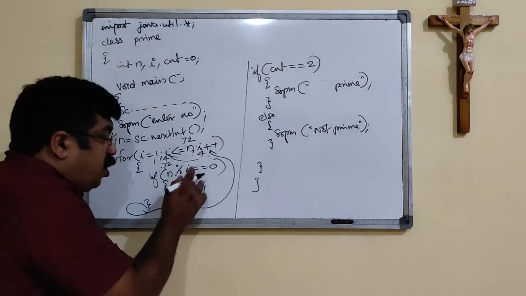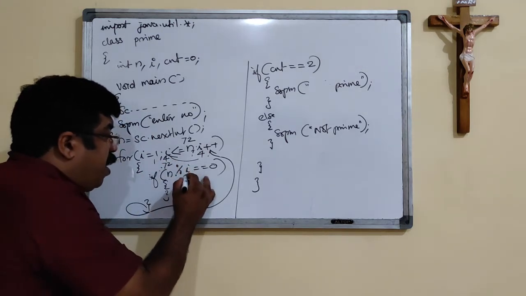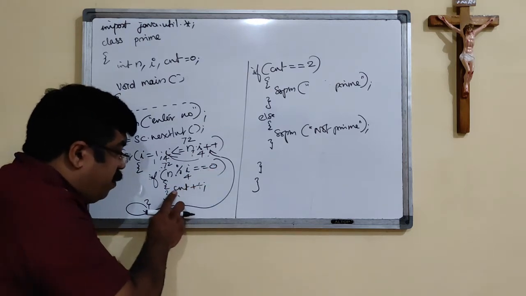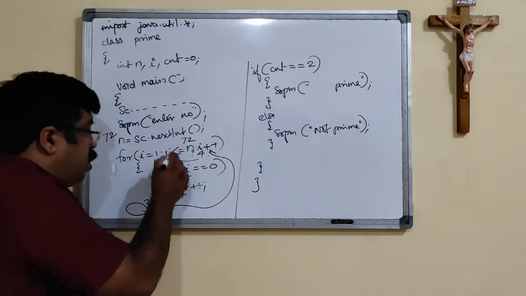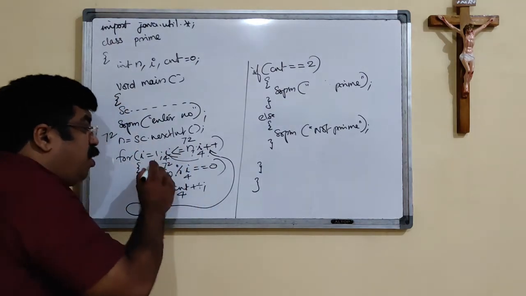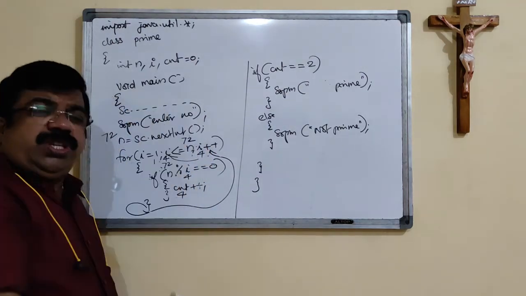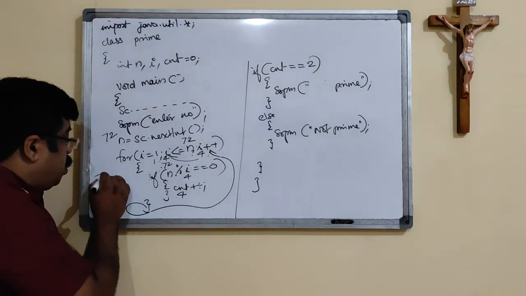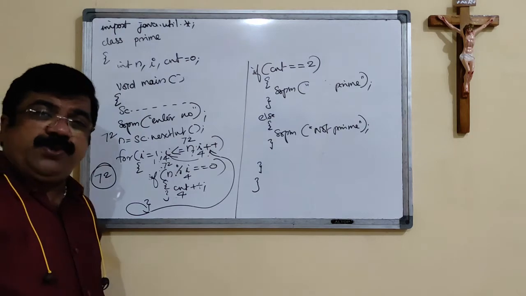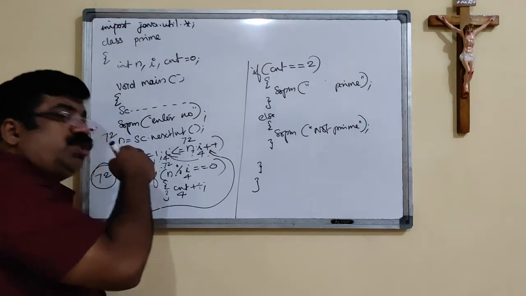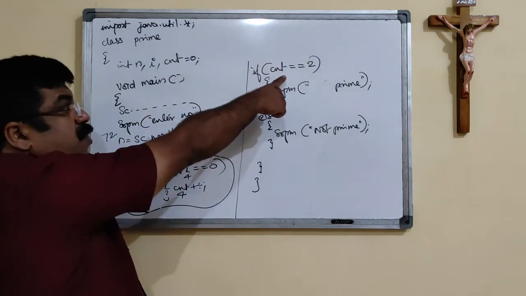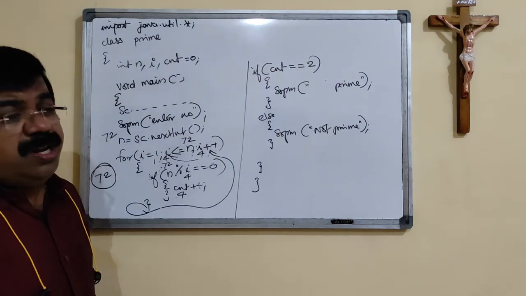Again it is checking whether 72 divided by 4 is equal to 0. Yes, the count will become 4. The loop will run from where? From 1 to 72. That is, the loop is running how many times? 72 times. When this 72 times iteration is over, we come to the next statement.